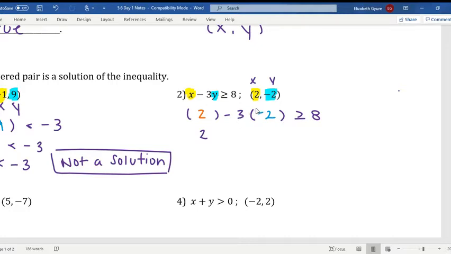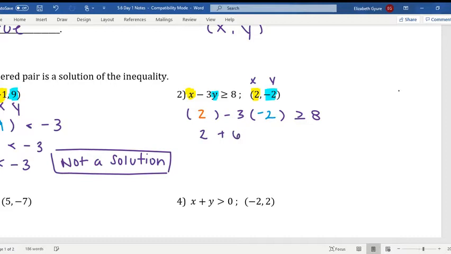Bailey, what's -3 times -2? You're thinking adding. We're multiplying. So a negative times a negative is a positive, and then 3 times 2 is, yep, +6.